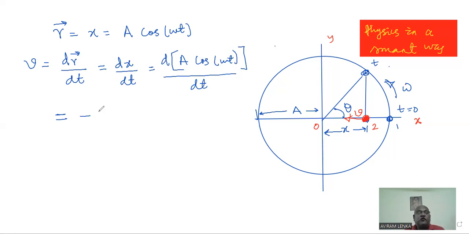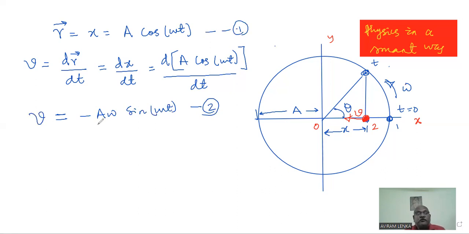So minus A omega sine omega t. If that is equation number one for today, then that must be equation number two. That is the equation of velocity.